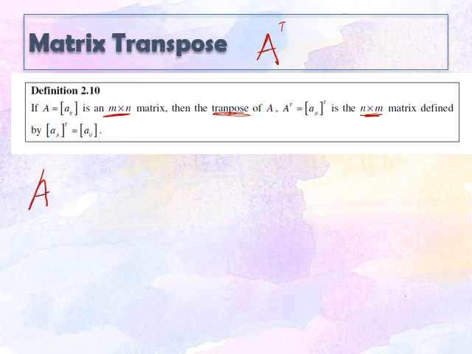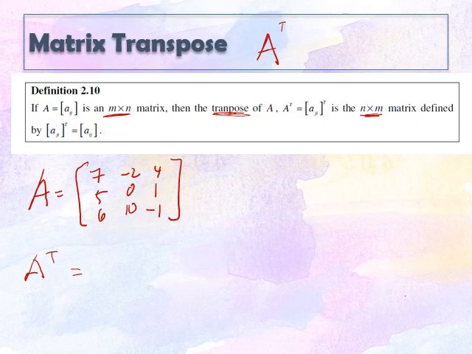For example, A is equal to 7, negative 2, 4, 5, 0, 1, 6, 10, negative 1. If we want to find A transpose, the first row becomes the first column of A transpose. So it will be 7, negative 2, 4.